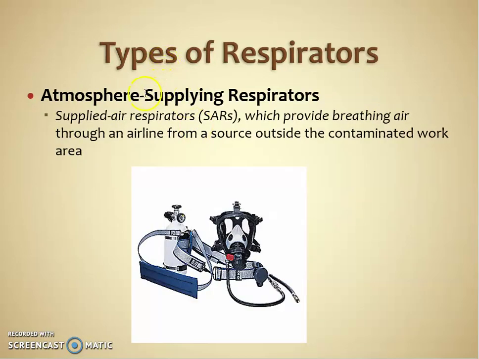When working in those kinds of atmospheres, that is oxygen deficient atmospheres, you really want the atmosphere supplying respirators. You want supplied air respirators, which provide breathing air through an airline from a source outside the contaminated work area. So, in this particular instance, you're getting air from the outside of, for instance, a confined space.